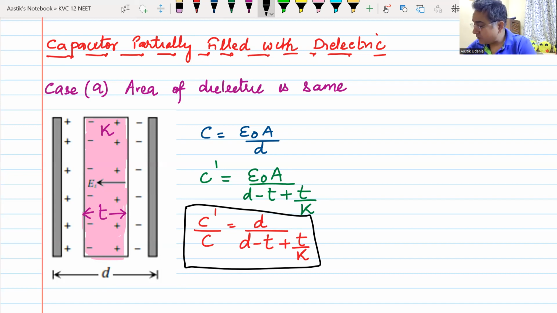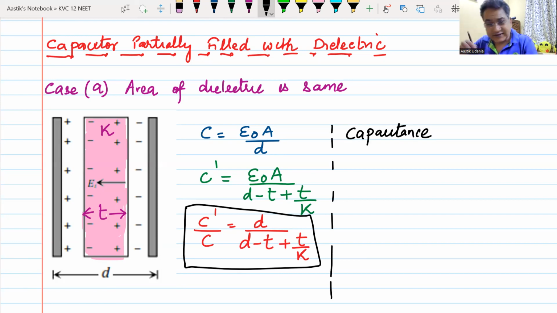Now, one more point you will have to remember. I will write it and then I will give you time to note this down. This capacitance does not depend on this capacitance when this dielectric is inserted.